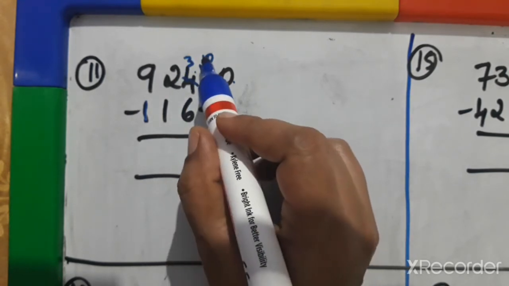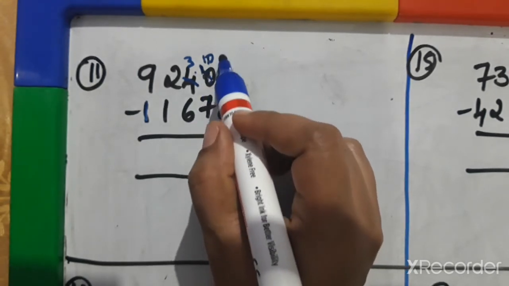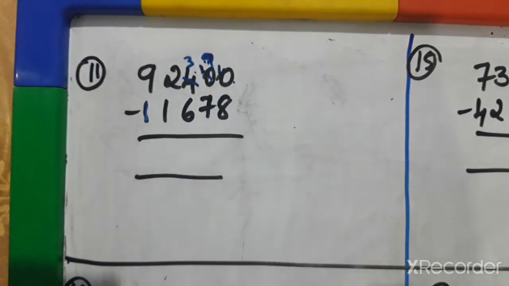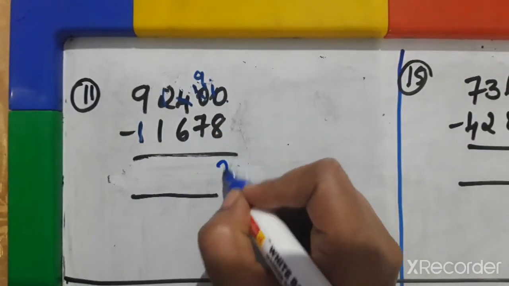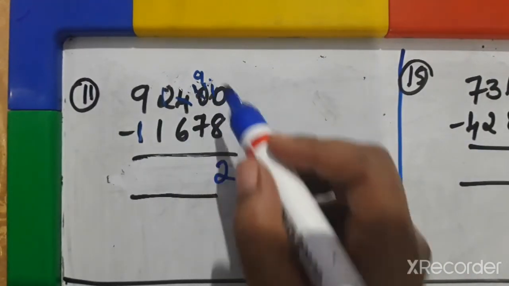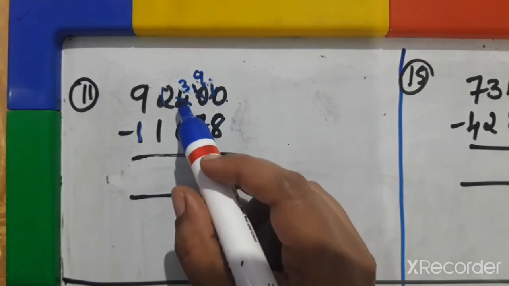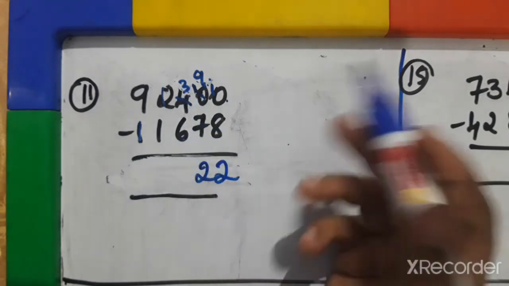10 rupees. Out of this 10, 1 will be given to here. So it will become 10 and here this is now 9. Now here 10. 10 minus 8 is 2. And 9 minus 7 is 2. And here 3, because out of 4, 4 gave 1 to his friend. So here 3. 3 minus 6 we can't subtract it.